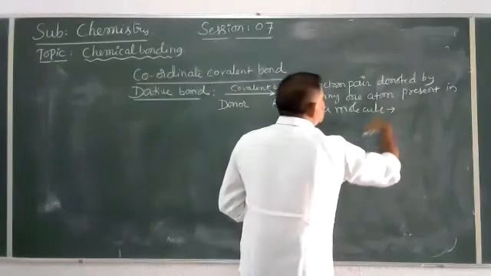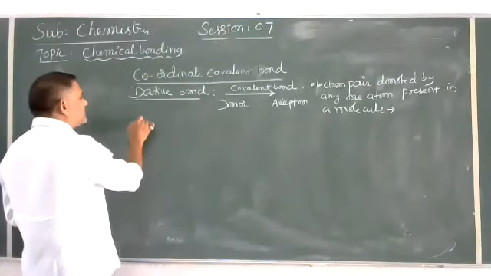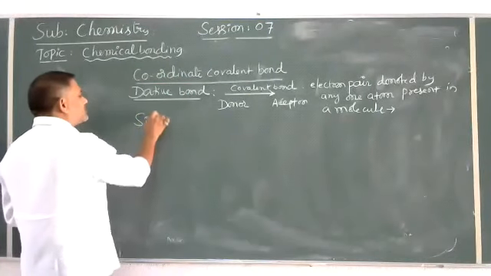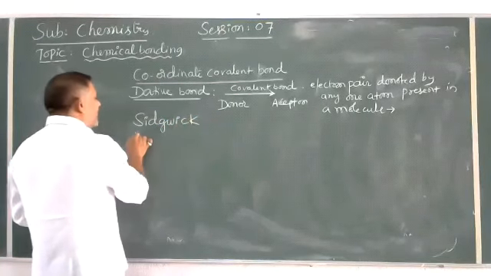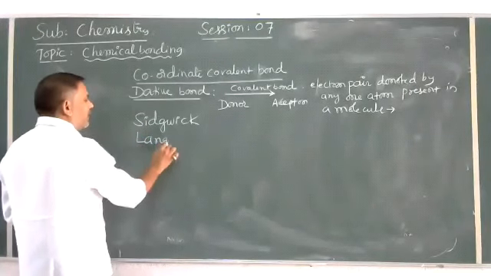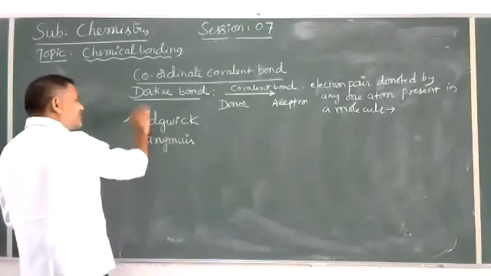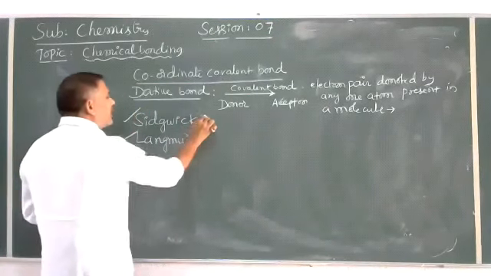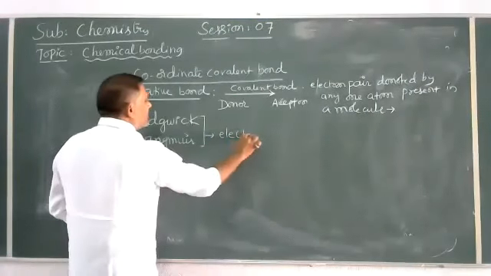This concept was explained by Sidgwick, and later it was developed by Lowry. It was introduced and developed by these two people. This is also called the electronic theory.